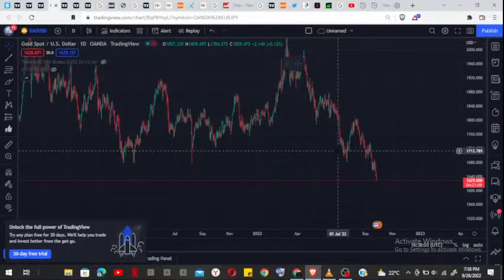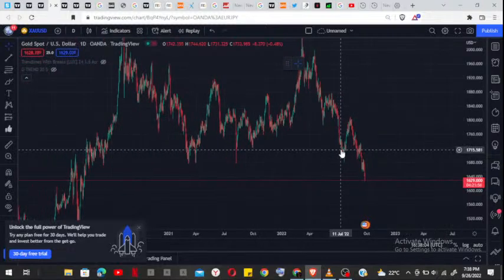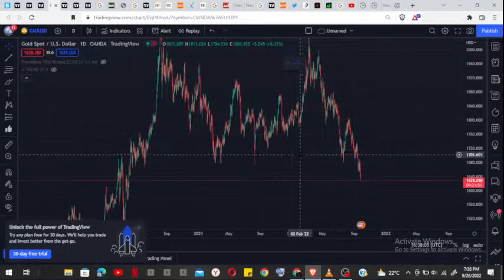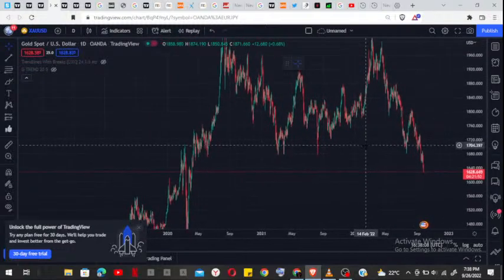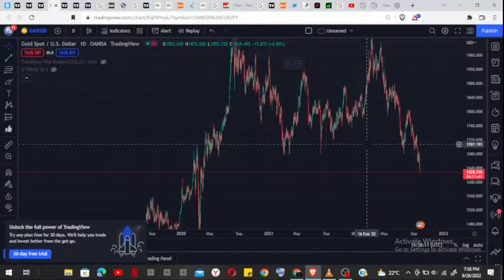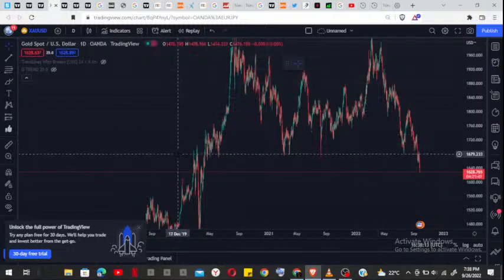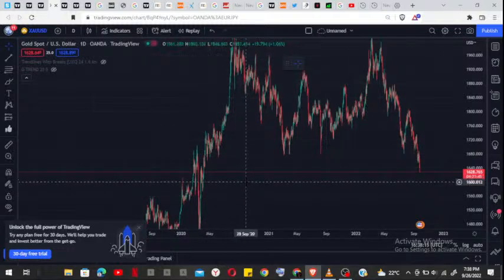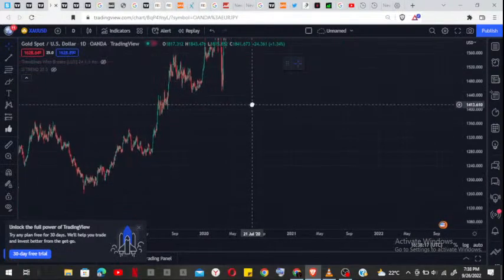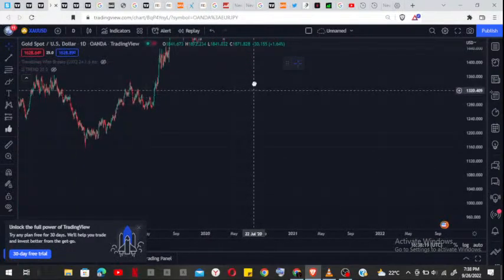So when I zoom in, this is what gold looks like as of May 2020. Overall, when you look at gold, we're still on an upward trend.